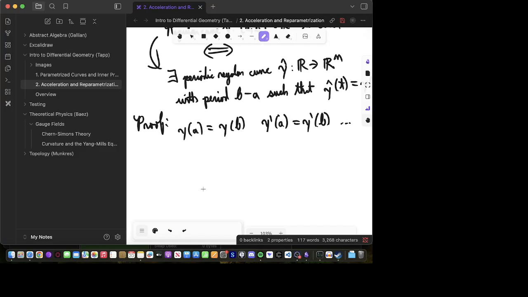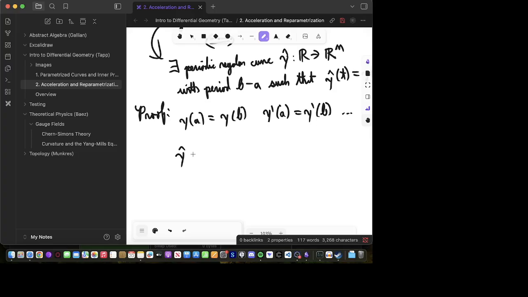So let's say we have gamma hat of t equals gamma of t if A is less than or equal to t is less than or equal to B, gamma of t plus A minus B if B is less than t is less than B plus B minus A, I think, 2B minus A. Let me check, 2B minus B is B minus A, plus.